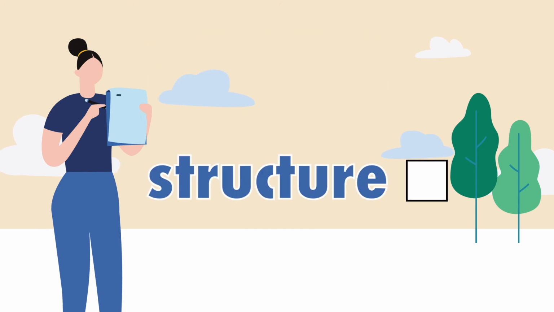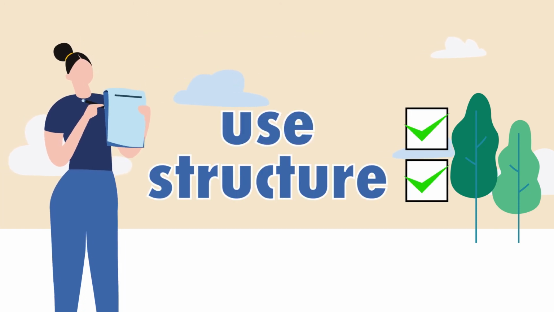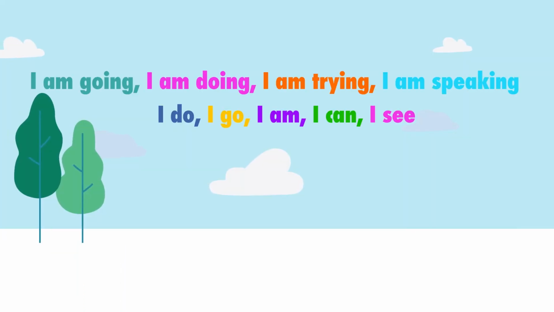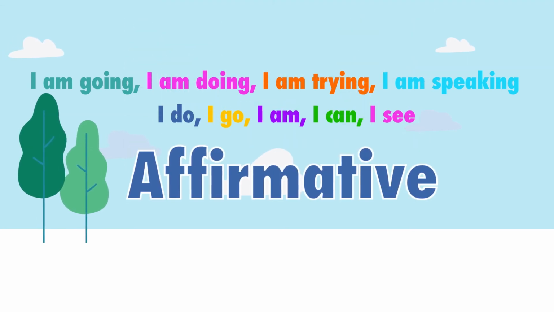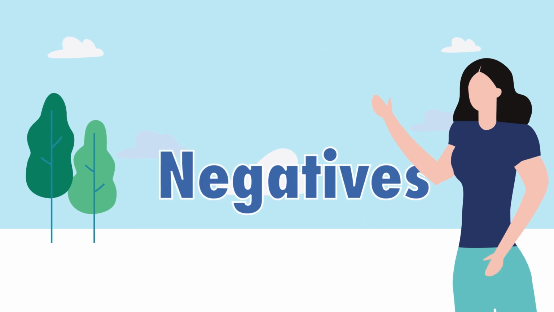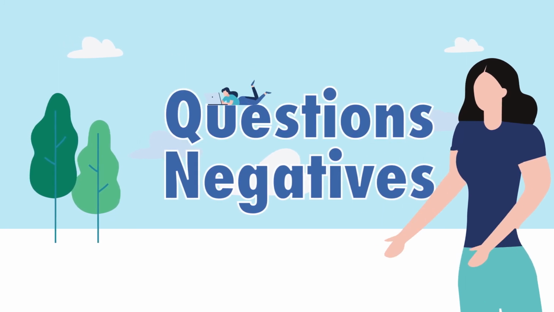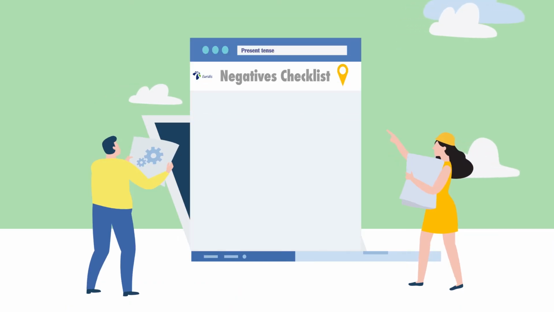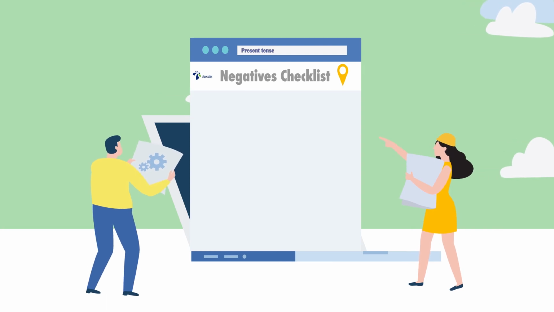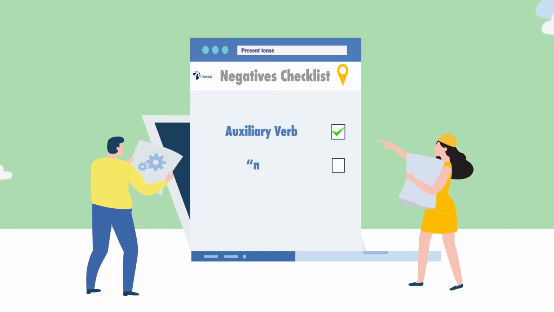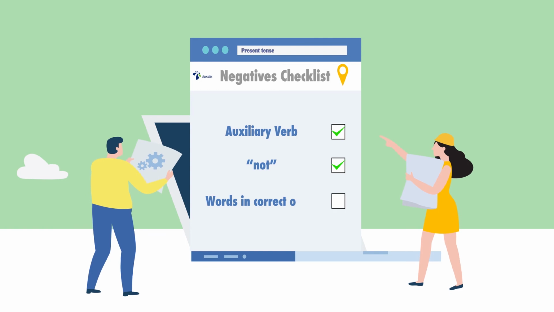So that's the structure and the use covered. All of the examples you have seen were in the affirmative form of the tense. We also need to know how to form negatives and questions. First, let's take a look at negatives. You will need an auxiliary verb and the word not, plus the correct order of the words.